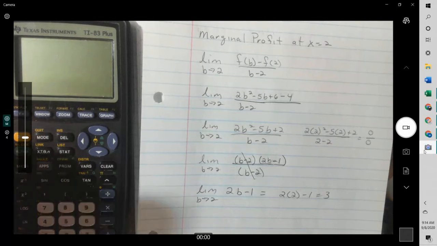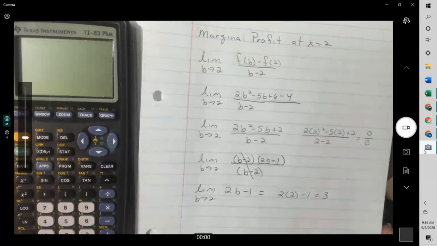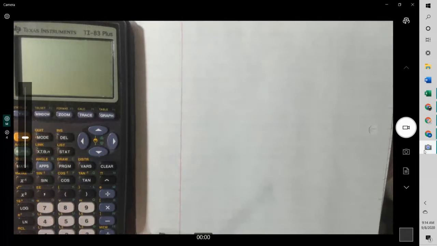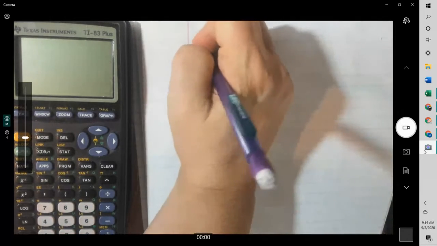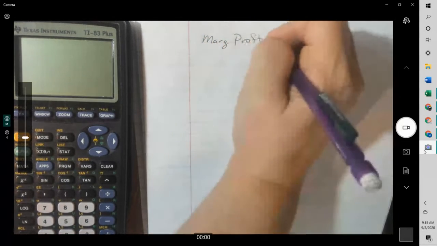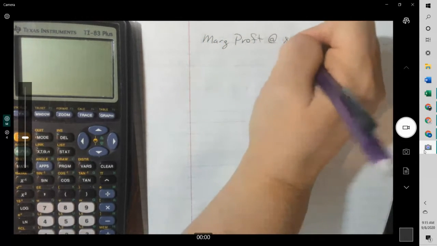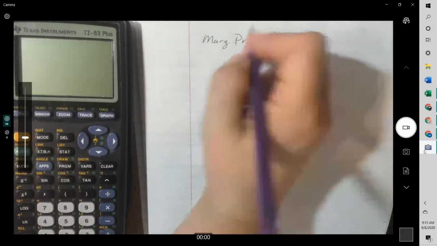The next part says to find the marginal profit at x equals 4. So we're doing the same thing, but we're doing it at 4 to see how it's changing there.